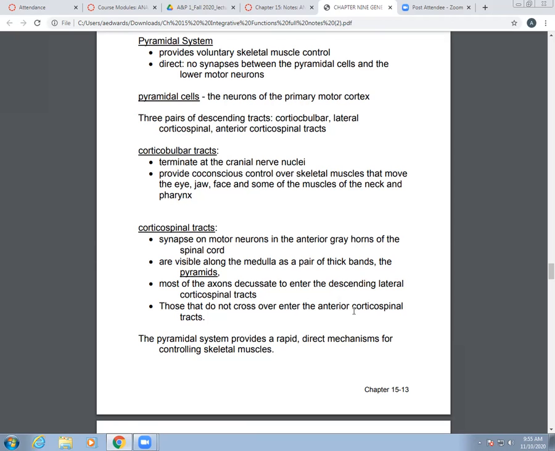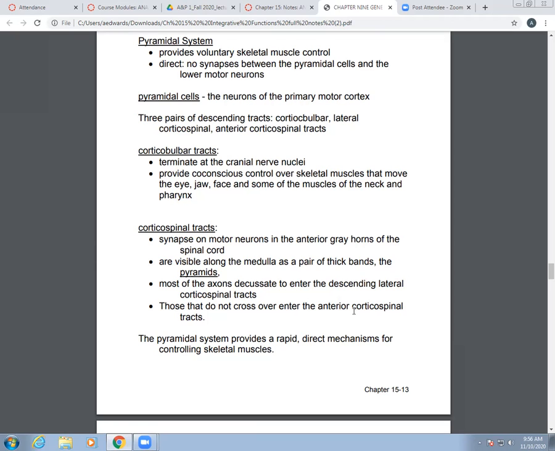You can also describe motor pathways in terms of different types of descending tracts. You have corticobulbar, lateral corticospinal, and anterior corticospinal tracts. We had a set of 3 for the sensory pathways, and now we have a set of 3 for the motor pathways.